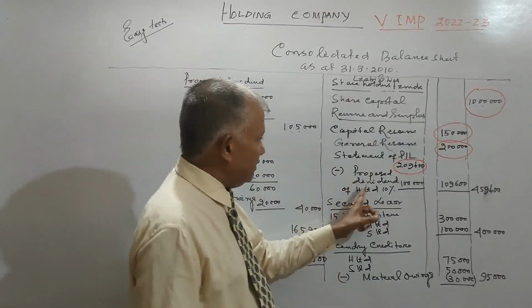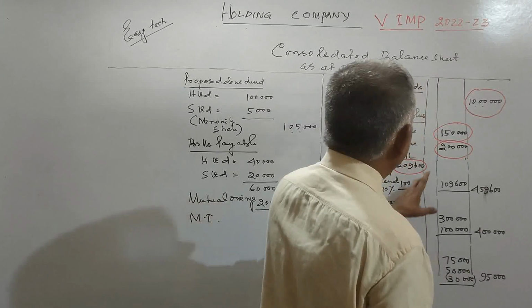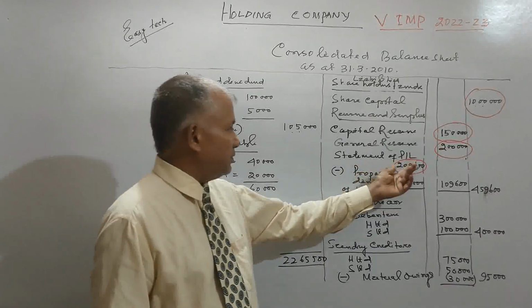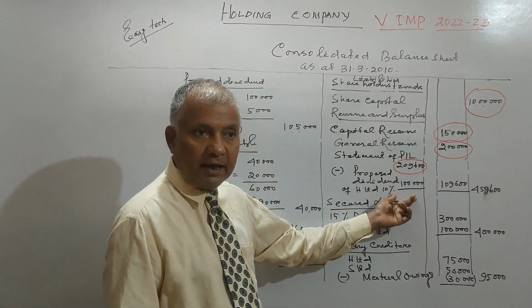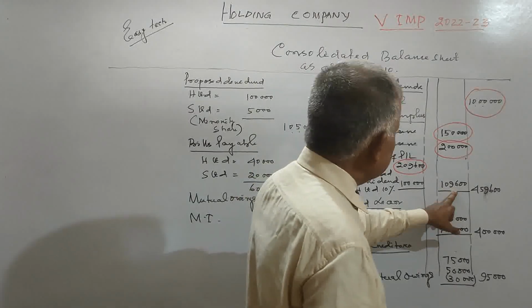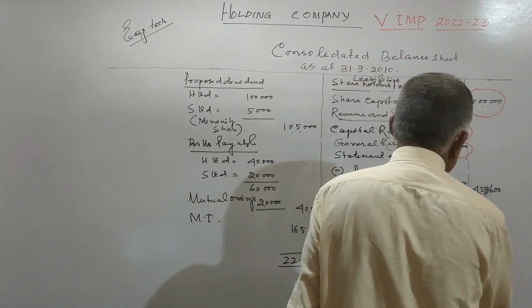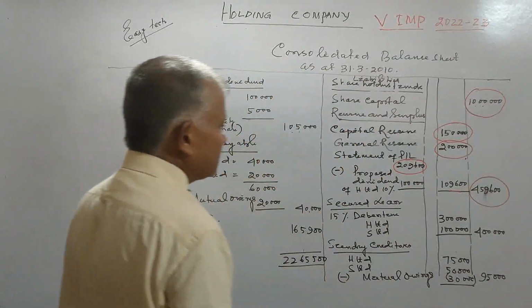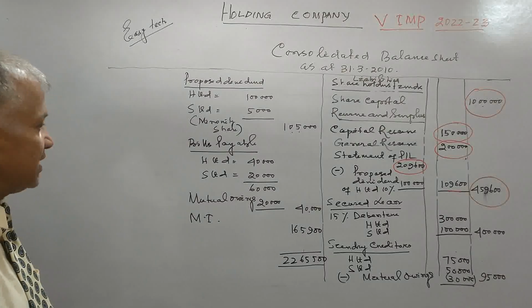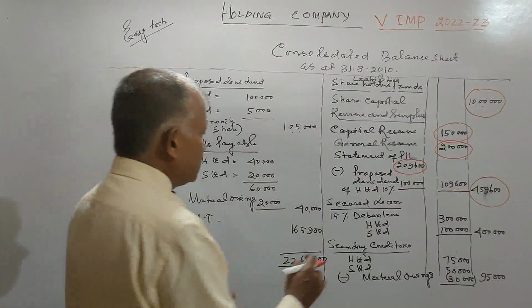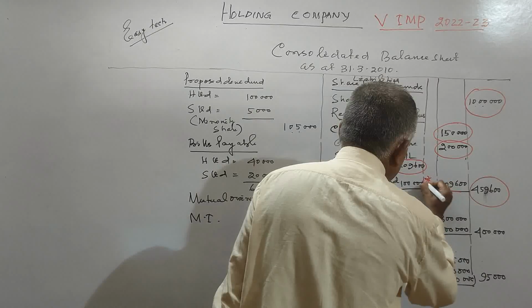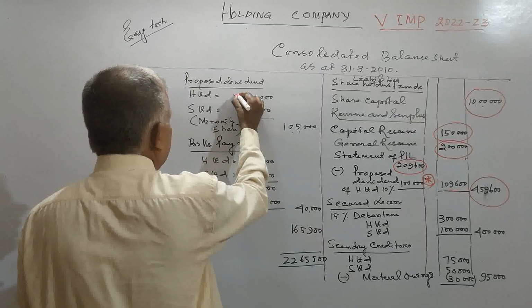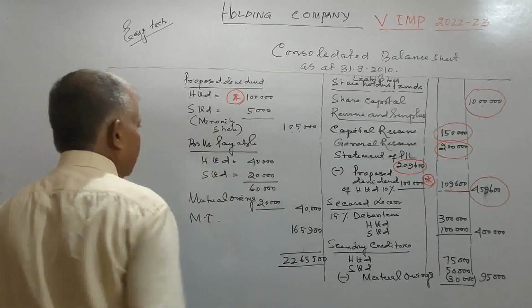So that will be deducted from the revenue profit of holding company. So the balance will be 1,09,600. In this way, the total reserve and surplus is 4,59,600. This proposed dividend we deduct it here, and we will also take the proposed dividend here, H Limited.